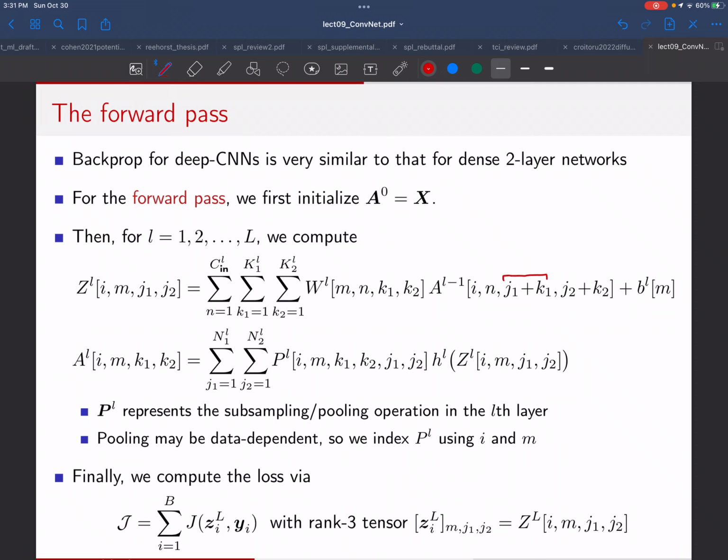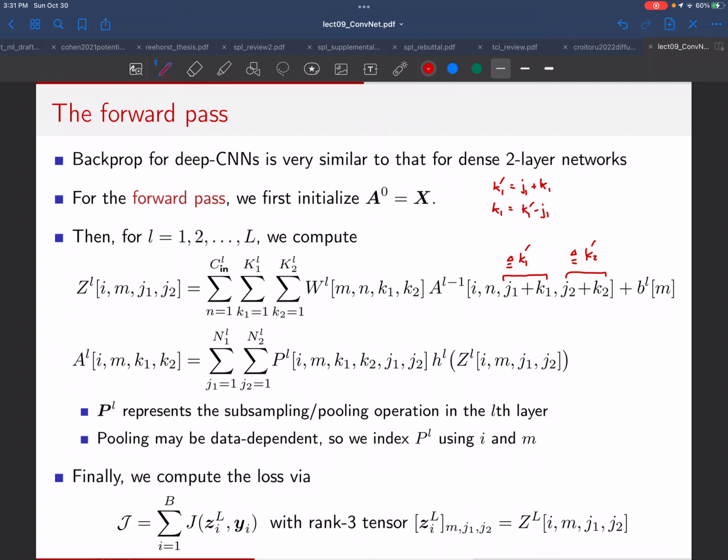We're going to define this as K1 prime, and we're going to define this as K2 prime. This means that K1 prime is J1 plus K1, which means that K1 is K1 prime minus J1.